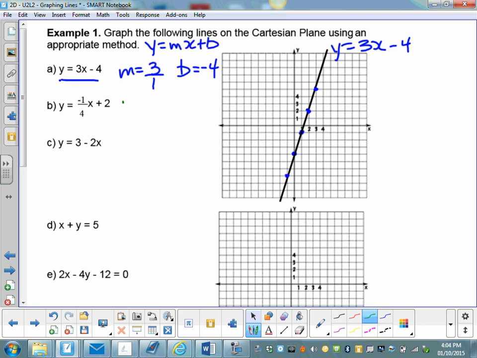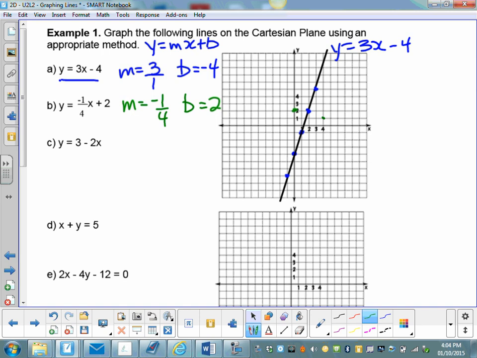So for the next one, m is equal to negative 1/4. And the y-intercept is the number on the end, which is 2. So I'm going to go to 2 on the y-axis and put a point. I'm going to plot the y-intercept first always. And then from there, I have to go down 1 and run 4. So 1, 2, 3, 4.